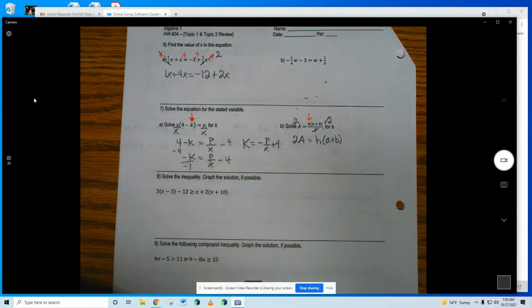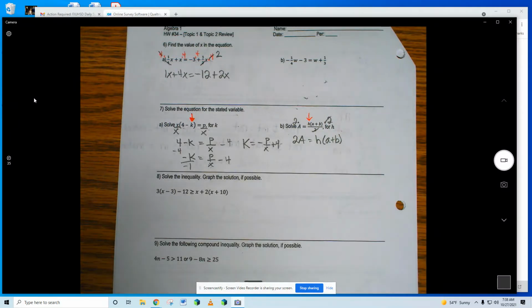I don't want the a plus b there anymore. It's like together in this parentheses. How can I move it?